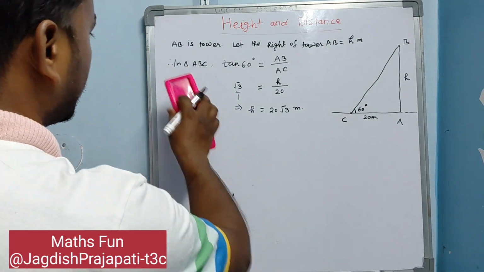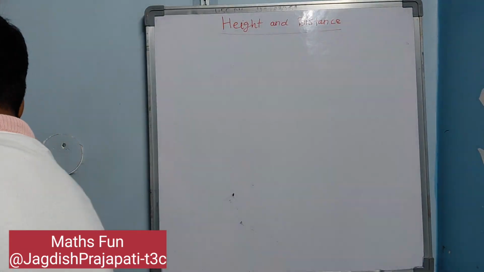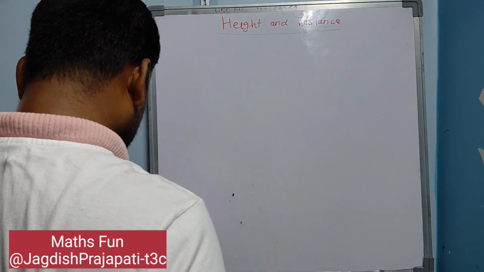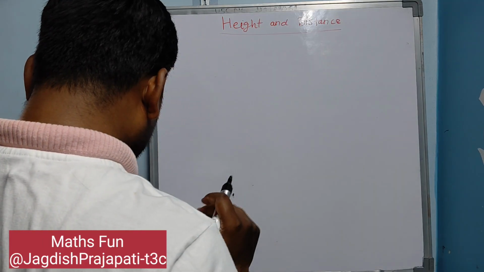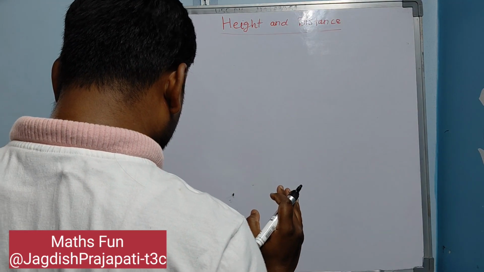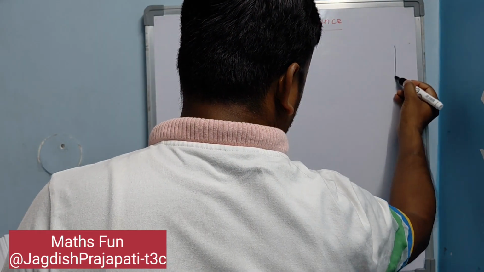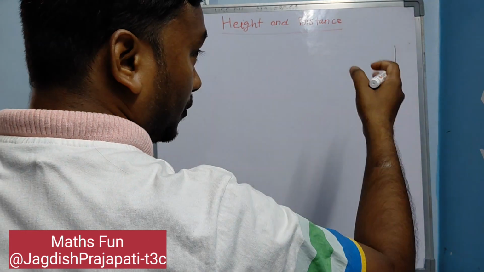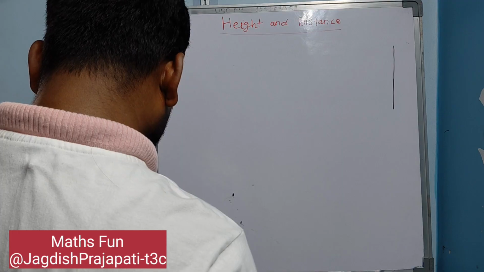In the next question, a ladder 15 meters long just reaches the top of a vertical wall. So let's say this is a vertical wall. A ladder 15 meter long.